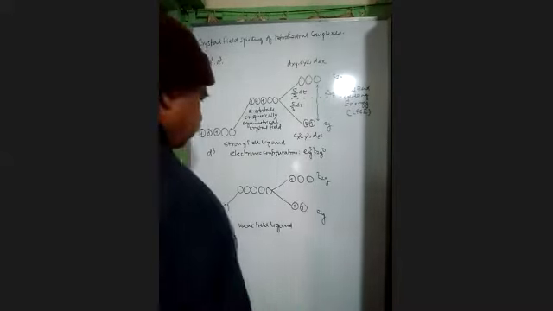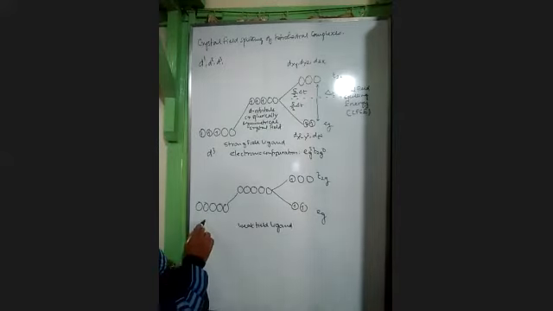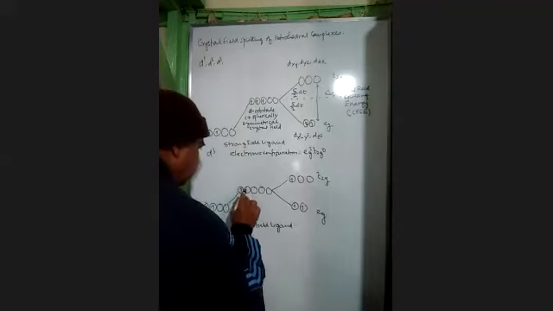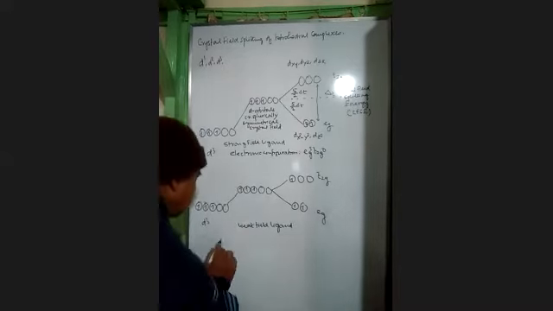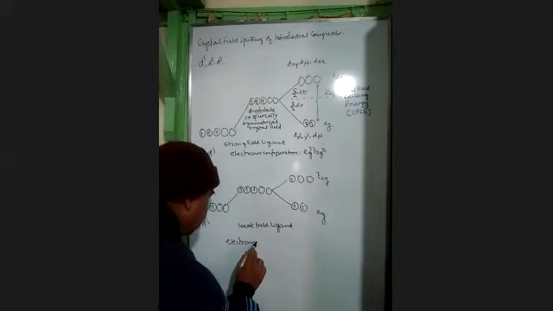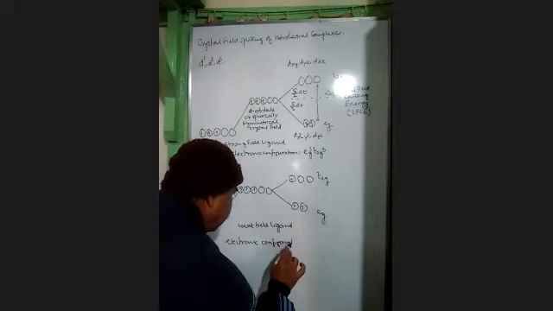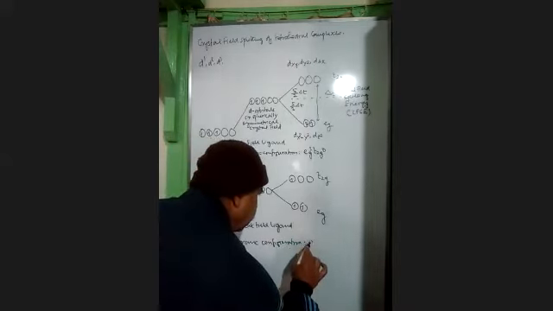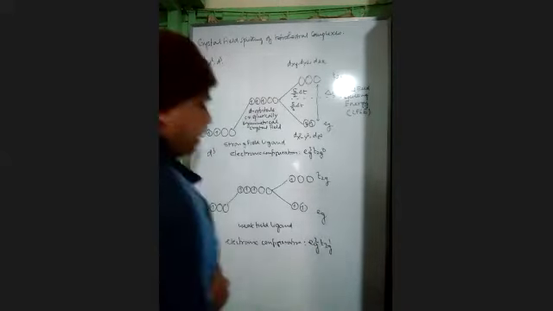So what is the electronic configuration here? This is d3. 1, 2, 3. Now, weak field ligand. What is the electronic configuration? Electronic configuration is EG2 T2G.